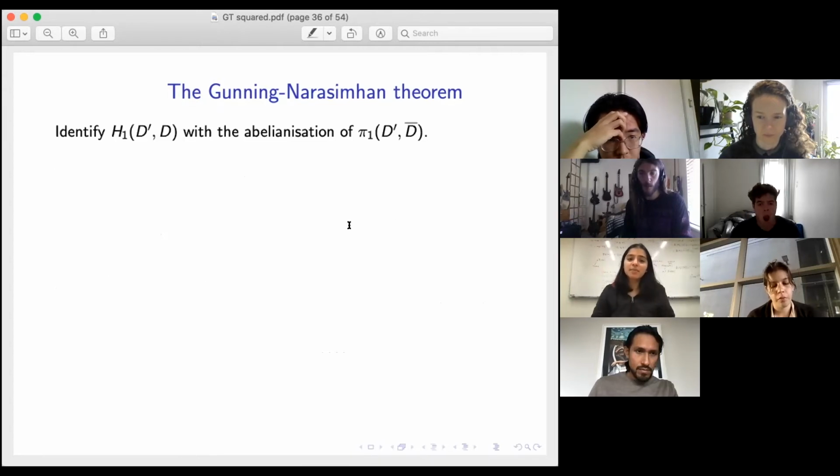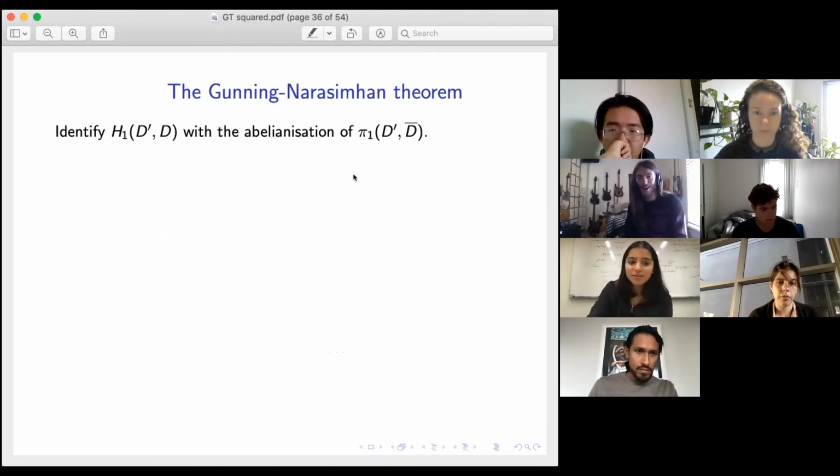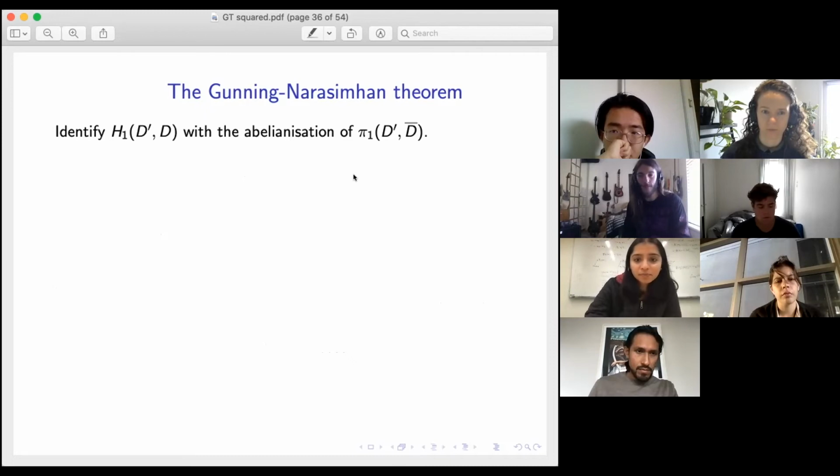So let's start by looking at it this way. We can identify this homology group, H1(D prime, D), with the abelianization of this fundamental group. And this is just a standard result from elementary algebraic topology, of course.